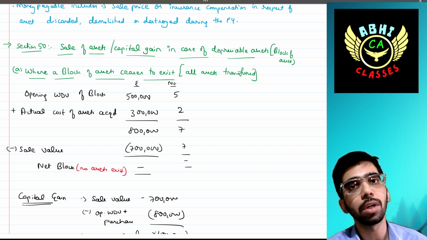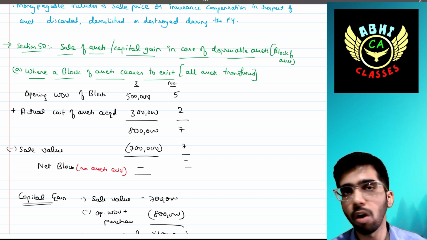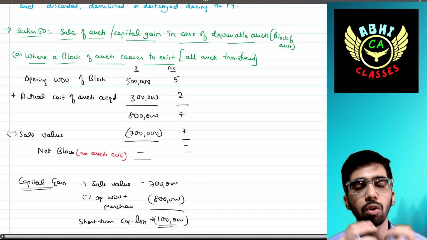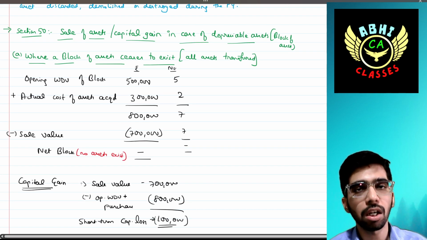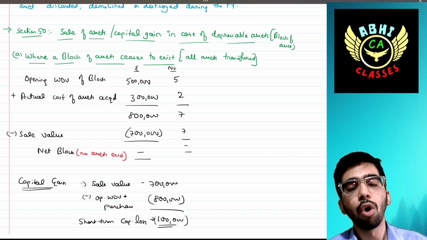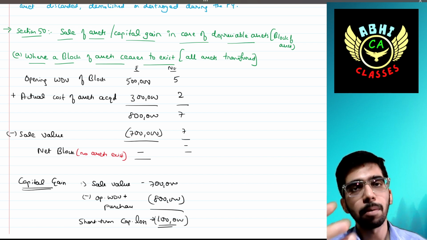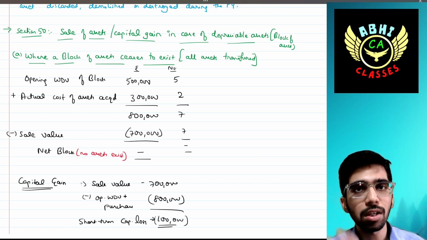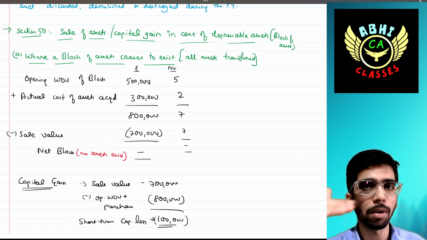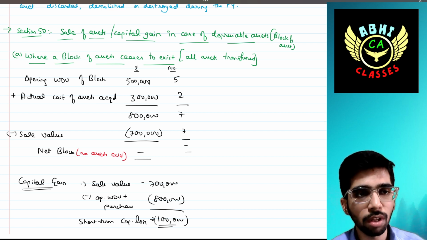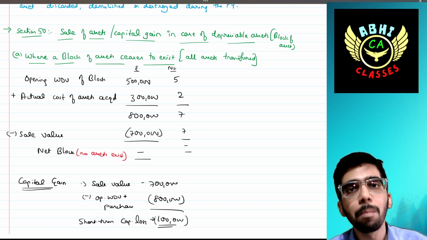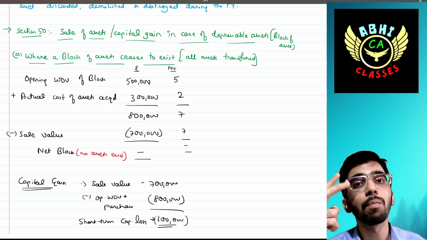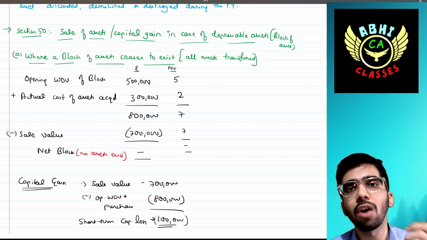In that case, what would be the consequences of capital gain or any other concept? In order to better understand this concept, we have taken one example. Opening WDV of the block of, for example, plant and machinery is a cost of 5 lakh, which consists of 5 machineries in the opening, that is 1st April 2023. In addition, we have made purchases of two plant and machineries having the cost of 3 lakh.